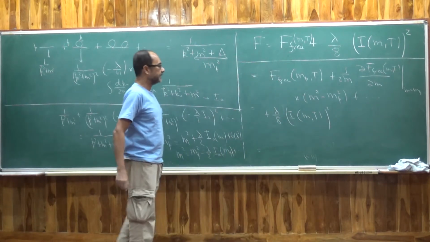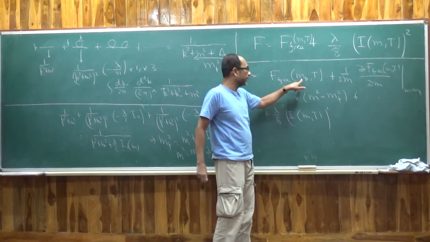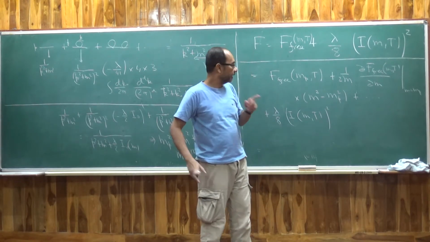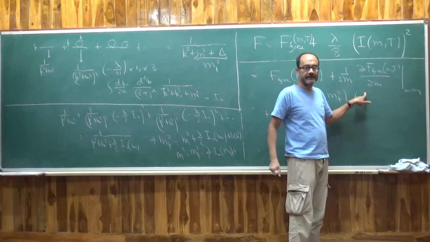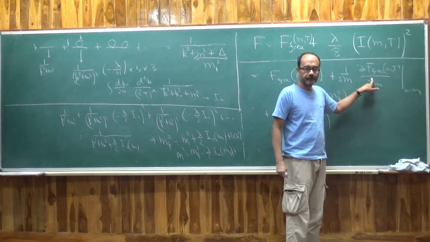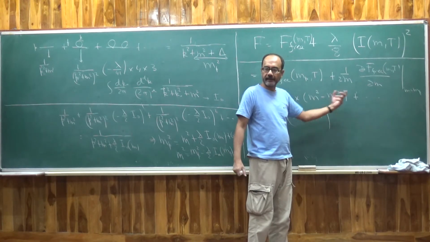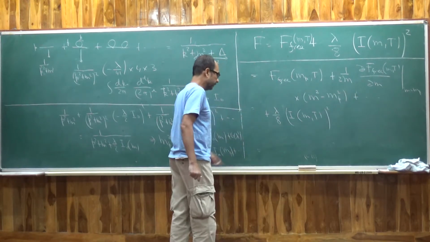Okay. So what I have done is that in the Taylor series expansion, instead of doing it in powers of M, I am doing it in powers of M square. Right? So 1 over 2M del F del M is like del M square of F. Right? So del M square of F times M square minus MP square. Okay? The higher order terms are negligible, and then you have this.